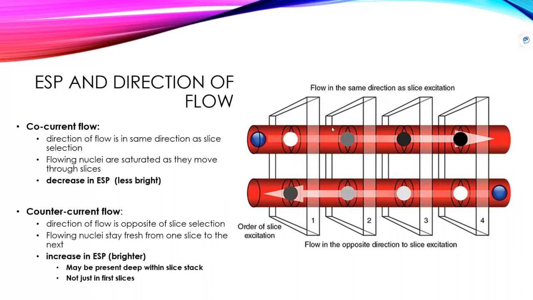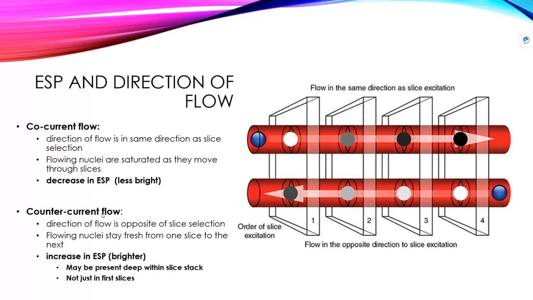And notice that as it moves through the slices, it goes from really bright to really dark. We have saturated it out because we are acquiring the signal as it's being exposed to the RF excitation pulse, sequentially moving along with the RF excitation pulse.